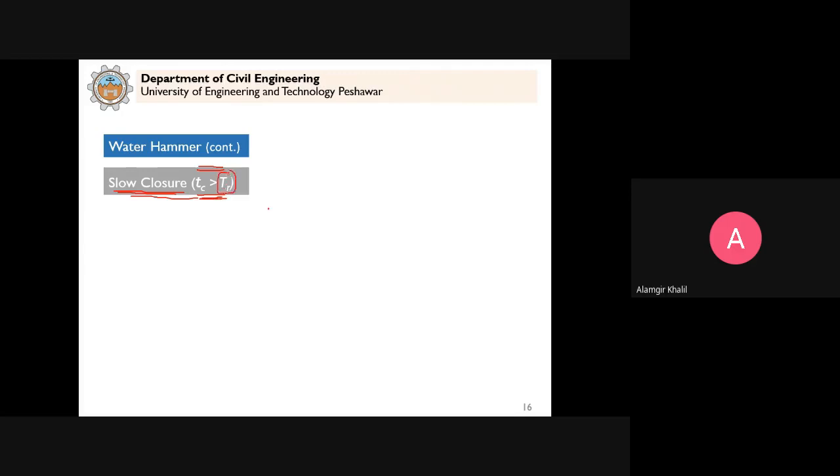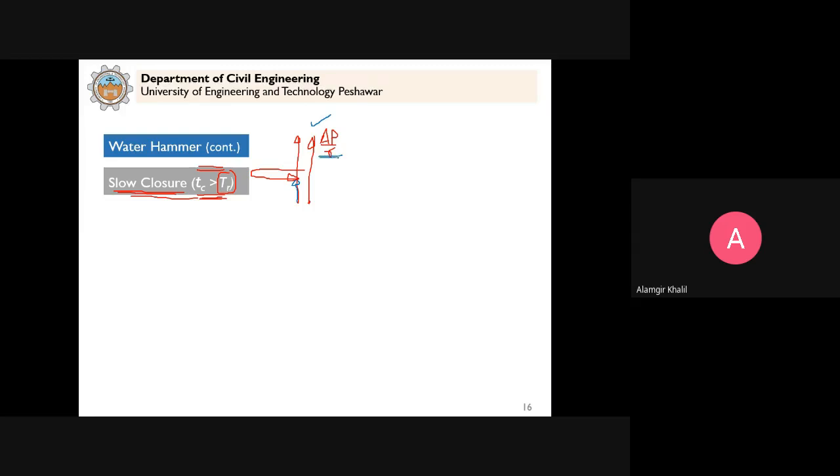So the moment it tries to go to the maximum pressure, delta P by gamma, the pressure wave travels and comes back here. It will not allow the pressure to occur, but will keep the pressure lower, let's say up to here. This happened, and you saw it in the rapid closure also for X naught, because the point is trying to reach the maximum value.